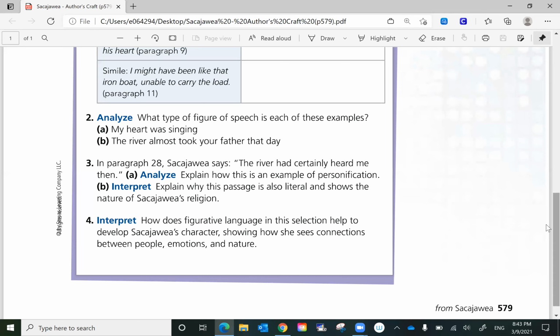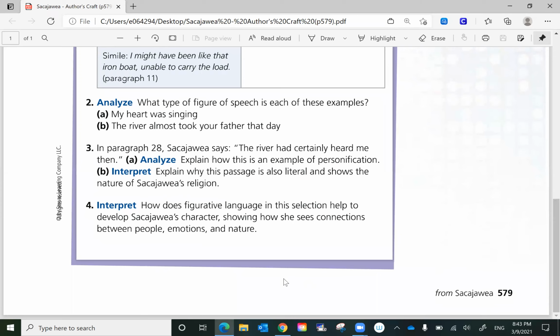Okay. And then last but certainly not least, we have number 4. Again, it's another interpret question. How does figurative language in this selection help to develop Sacagawea's character, showing how she sees connections between people, emotions, and nature?